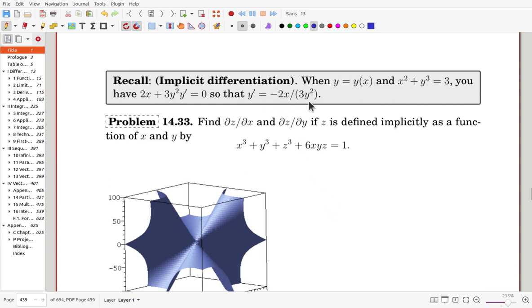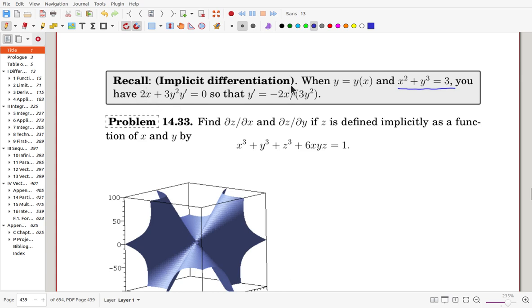Implicit differentiation, you learned this one in calculus 1. So this is a recall. For functions of one variable, y is a function of x, and once the equation is given implicitly, you may get the x derivative in this way.